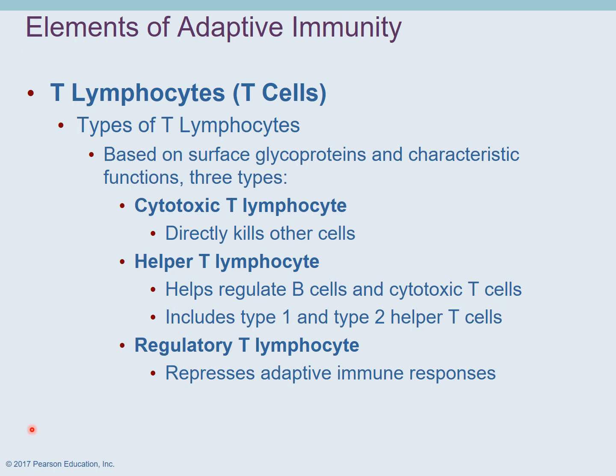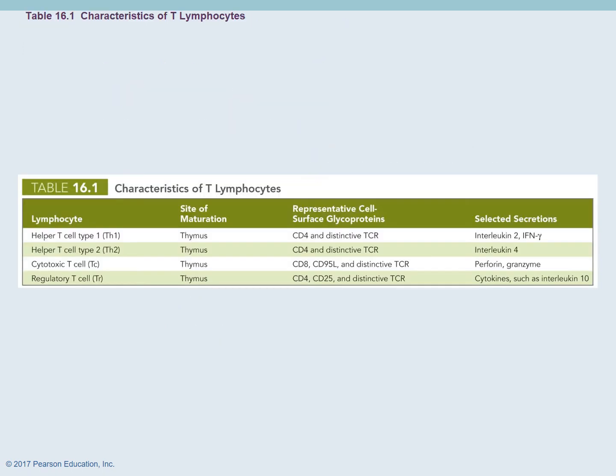The helper T cells are the link between cell-mediated and humoral. Why? Because the T cells are going to be activated first, and then the helper T cells will activate or turn on the B cells. And then the other type of T cell you have is the regulatory T cells. They're going to help keep everybody in check.